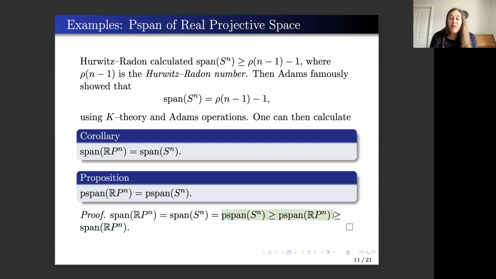The next inequality comes from the fact that projective span of a cover is at least projective span of the base, where we're thinking of the n sphere as being the double cover or the universal cover of RPN. And then the final inequality follows from the fact that projective span of a manifold is at least span of that same manifold. So we have span of RPN on one side and span of RPN on the other side. So that means that these inequalities actually are equalities. And so the proposition holds.